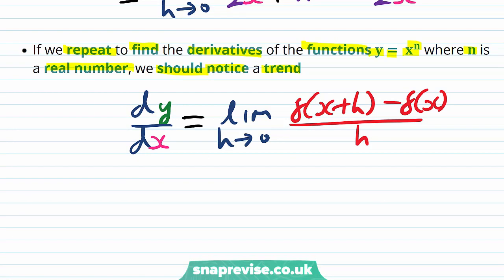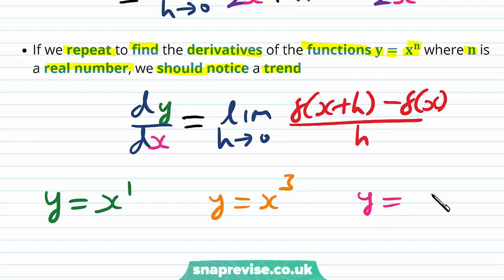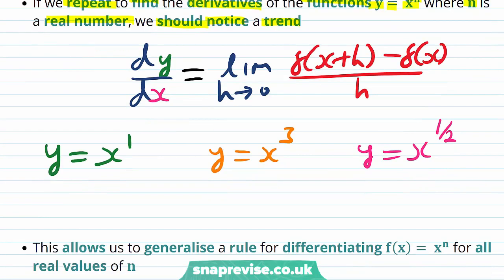And we can do this process on a few different functions of x, namely y equals x to the power of 1, as well as y equals x to the power of 3, and then perhaps we could try y equals x to the power of 1/2. Doing differentiation on these three different polynomials yields the following.